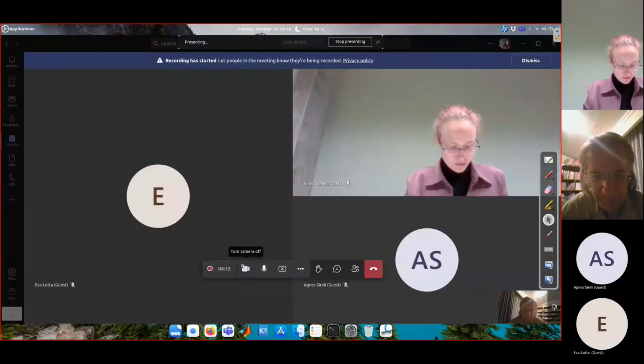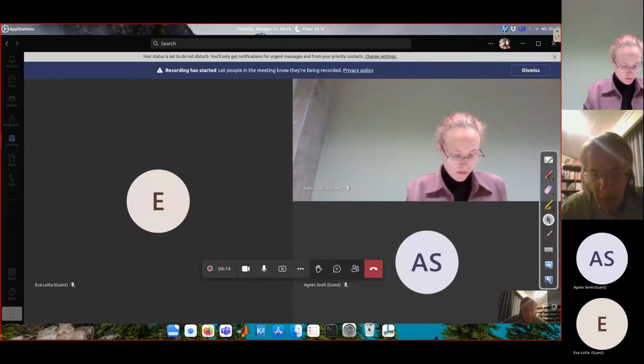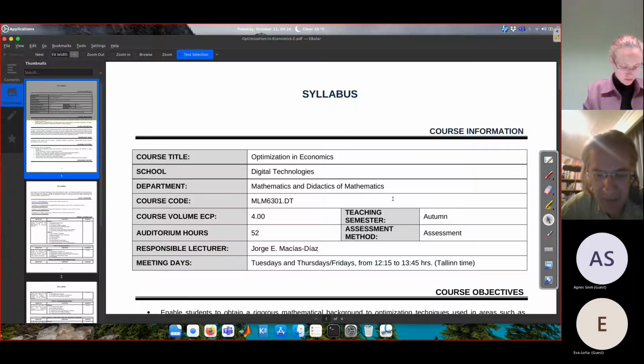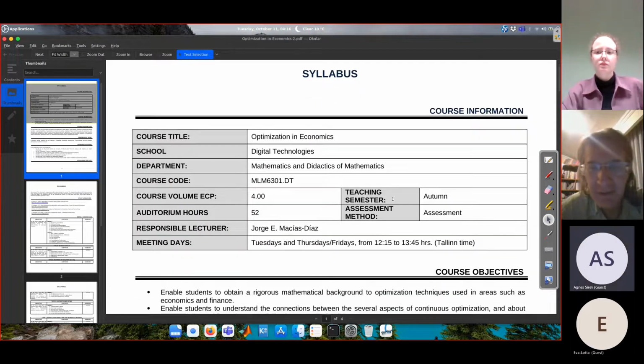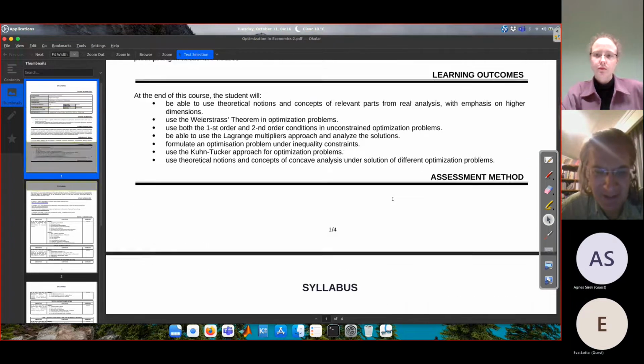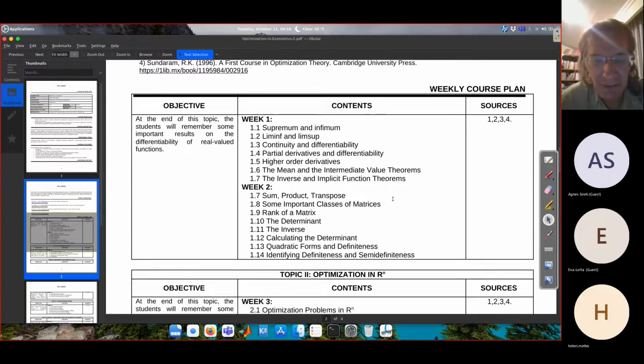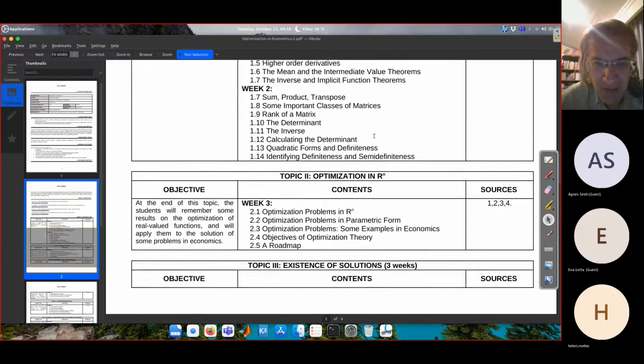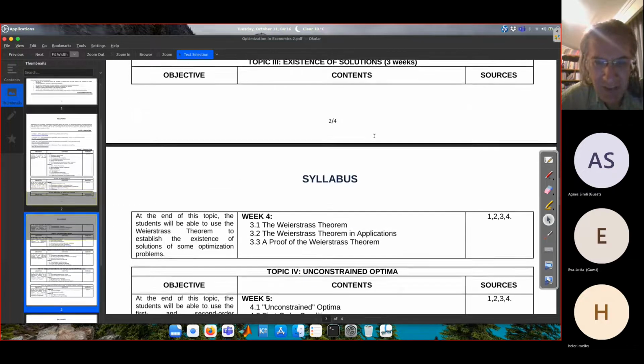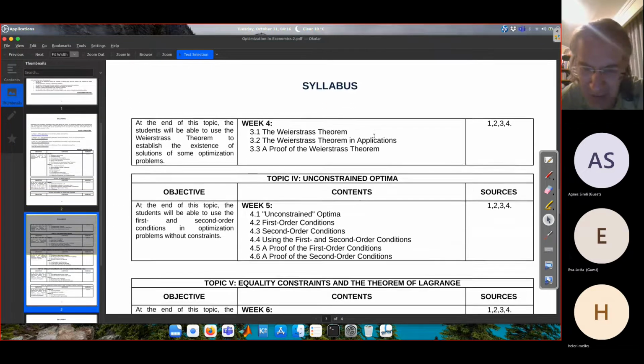So I'm going to show you where we are in the syllabus, and I'm going to share my screen with you. Okay, so we covered already the first topic, the second, existence of solutions, which is Weierstrass theorem.